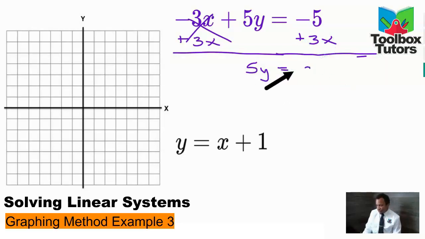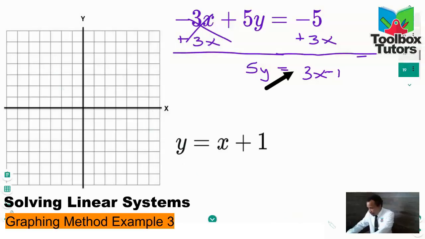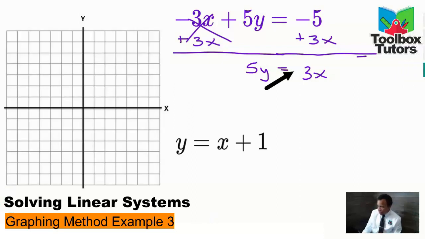So what we'll do is just bring down these terms and leave it like this: 3x minus 5.